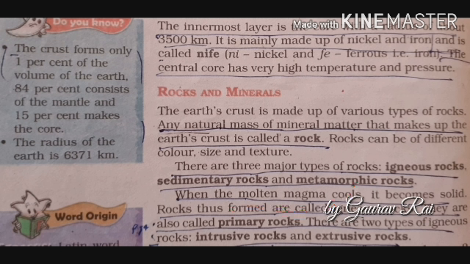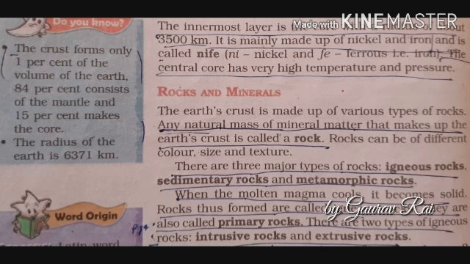When after eruption lava cools on the Earth's surface or inside the Earth, under the Earth, thus formed are igneous rocks, and they are also called primary rocks. And igneous rocks are divided into two types. One is intrusive rocks and the second is extrusive rocks.